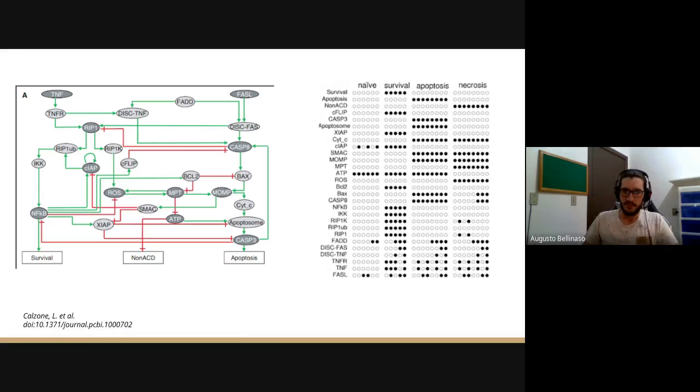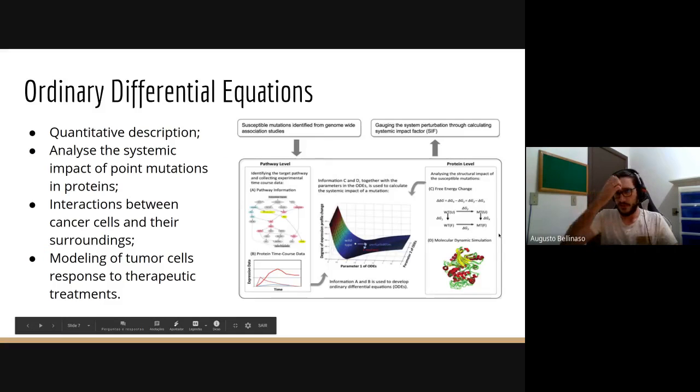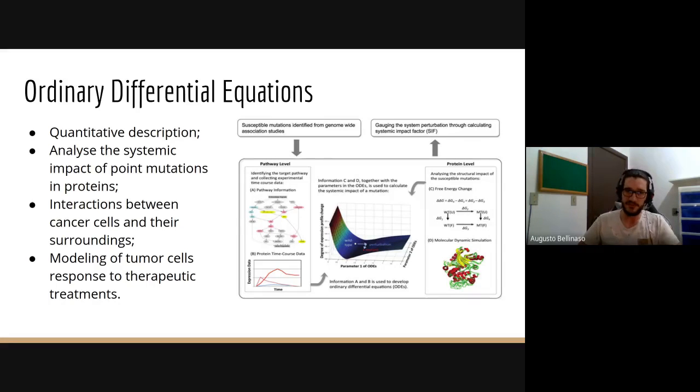But if you want to go to another level of complexity and have a better description of the network and quantitative results, you can use networks of ordinary differential equations, in which you have quantitative descriptions, but you have to consider parameters of the network, rate constants, and all of these aspects to solve and to get the results from the differential equations.